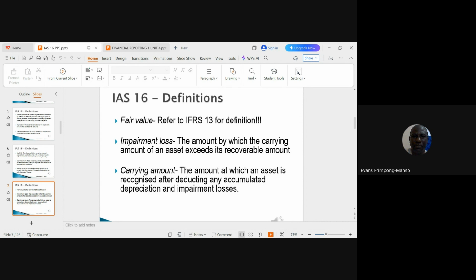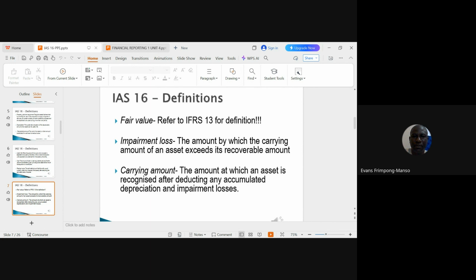Then, when we say the carrying amount, that is the amount at which the asset is stated on the financial statement when you take away any depreciation on that asset. For instance, if the cost of the asset is 1,000 and I have provided depreciation on that asset of 400, then the carrying amount of the asset is 600.